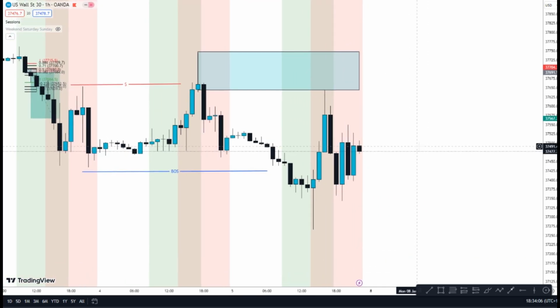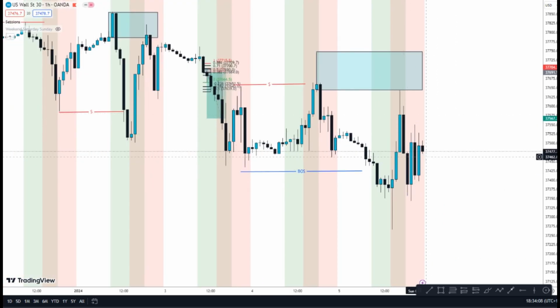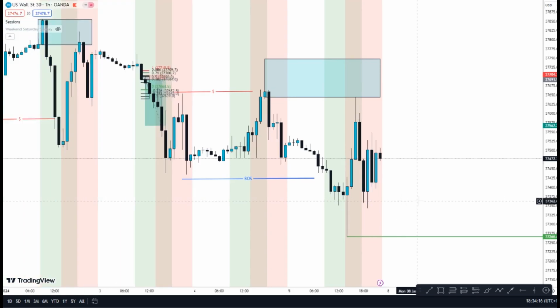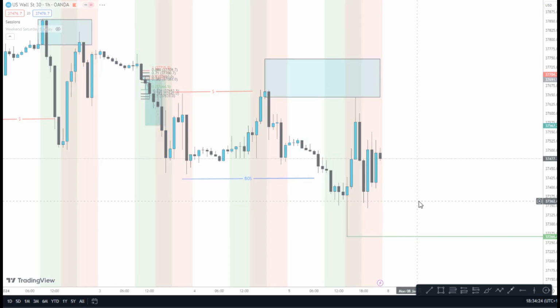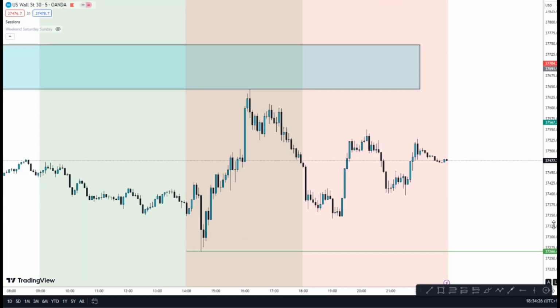So going into Monday, I'll be paying attention to the price action. I'm thinking of taking a sell to the downside. The only way I take a sell from this area is where I have a confirmed directional bias from the 5 minutes. When I have a clear entry on the 5 minutes, that is when I take a trade.